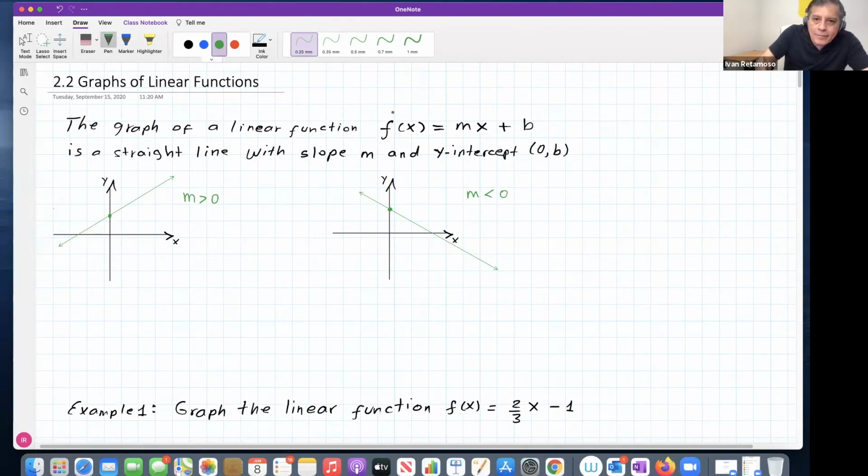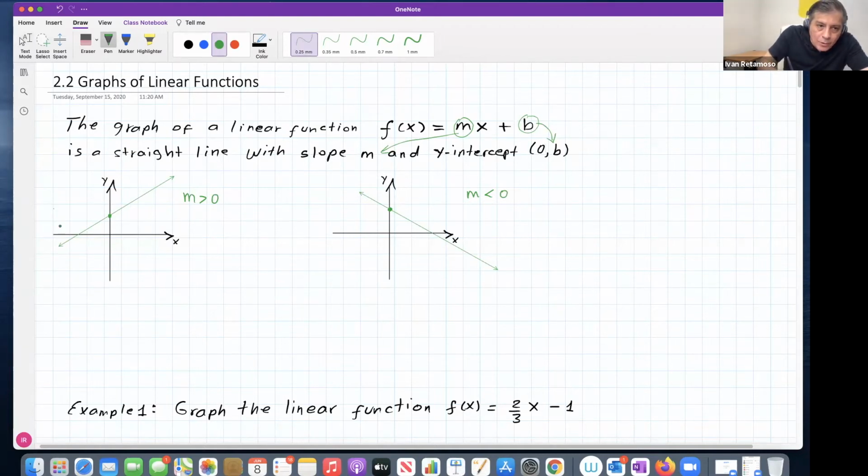But according to the context, you can consider that to be just b because it's determined by b, right? So basically, what is happening is this m is the slope. You can extract from the equation the number attached to x, and this b will determine your y-intercept, right? 0, b will be y-intercept. Now, two scenarios to consider here. First scenario, if this m is positive, then when you graph this linear function, you're gonna get a line that will look like this.